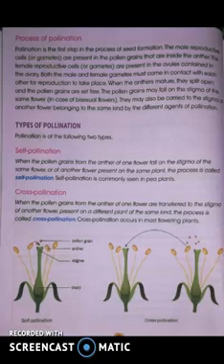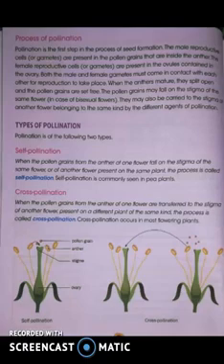Sometimes the pollen grains are transferred from one flower to the stigma of another flower, but of the same plant. One plant contains many flowers, right?